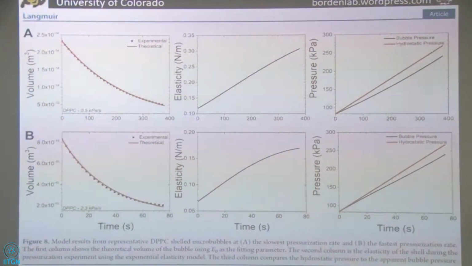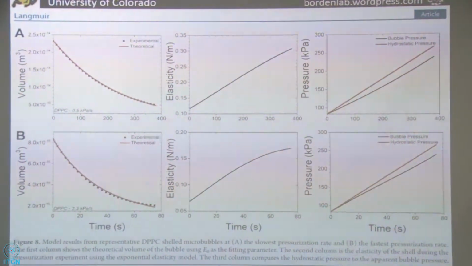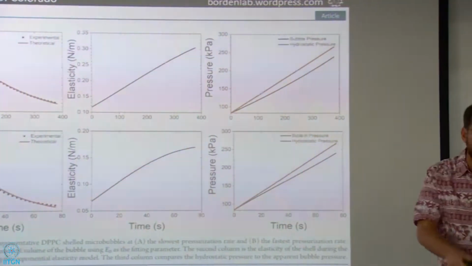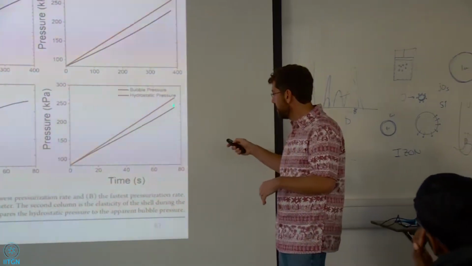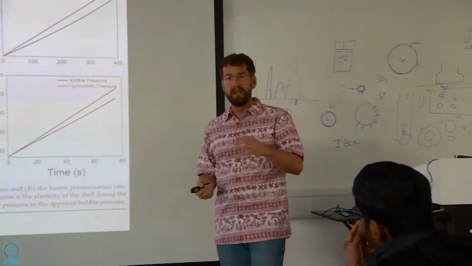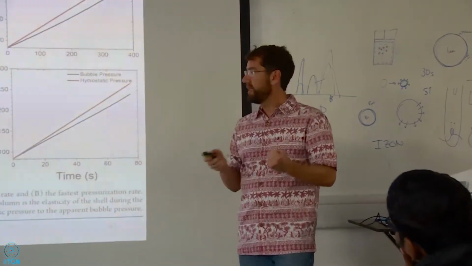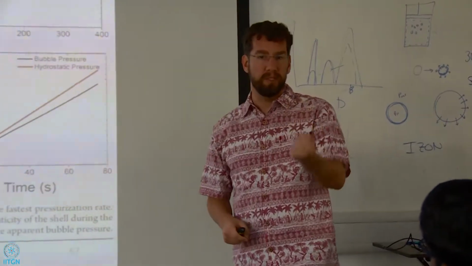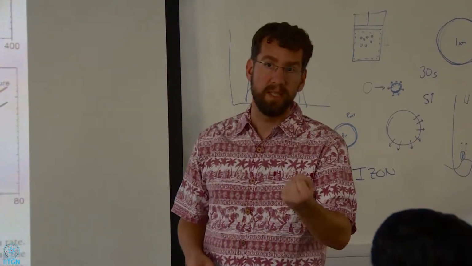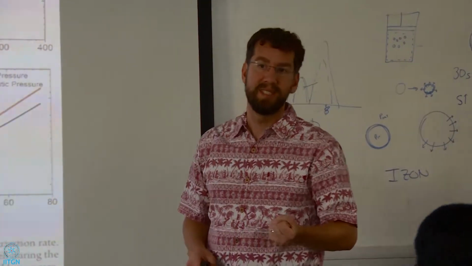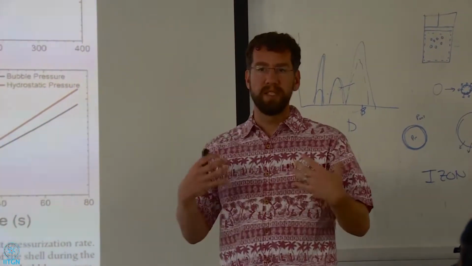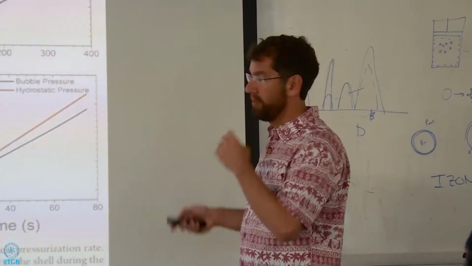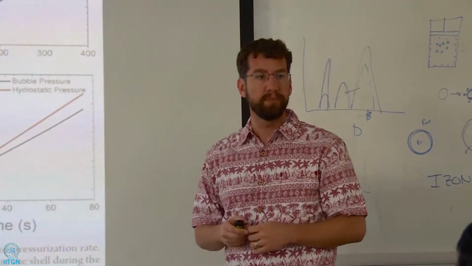What's interesting is that we compressed these bubbles all the way until they condensed, and it turned out that this pressure difference is consistent with the difference between the hydrostatic pressure and the pressure at which it was supposed to condense, the equilibrium pressure. So that was some kind of independent evidence that this model might be accurate.